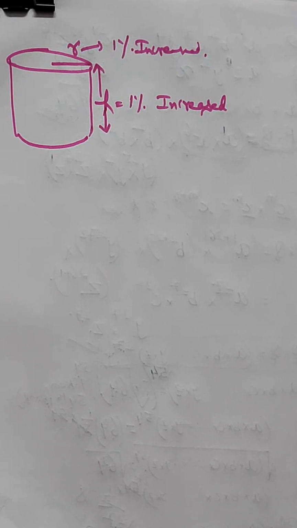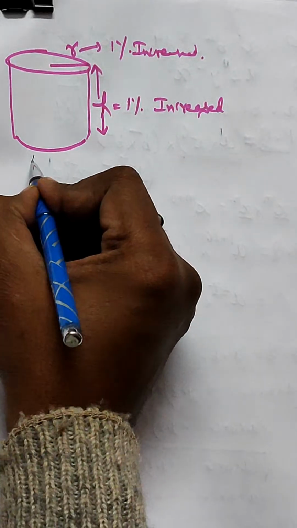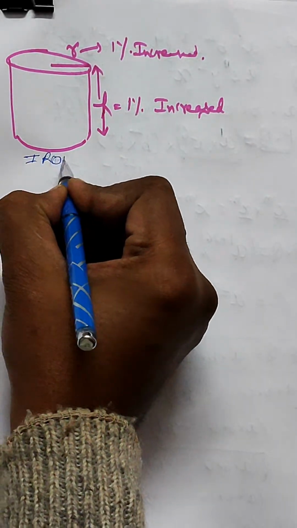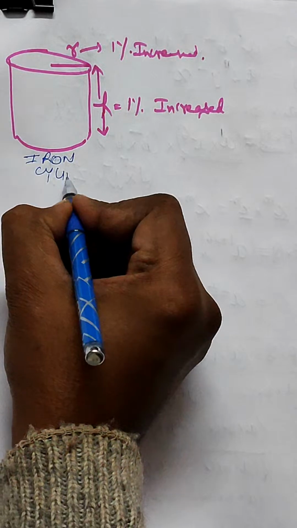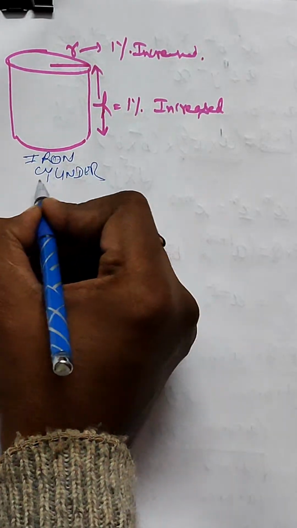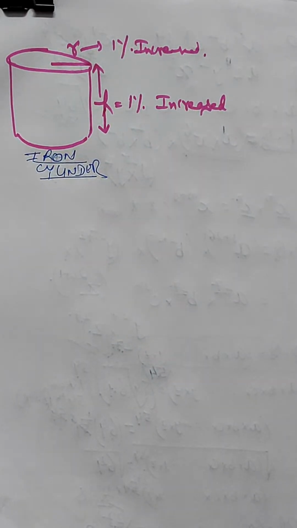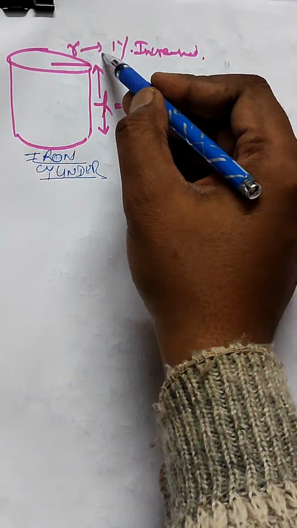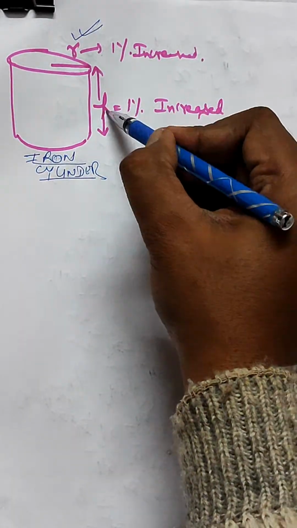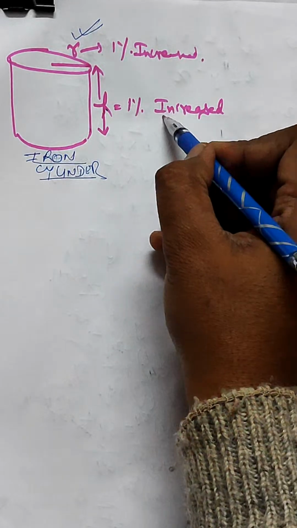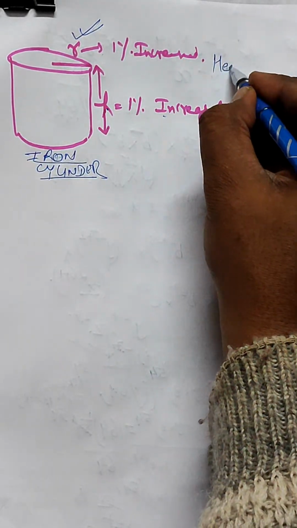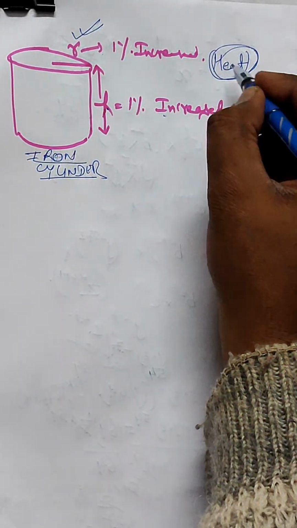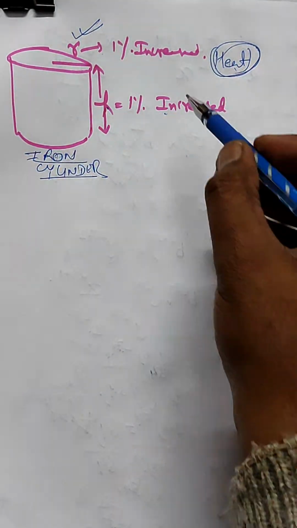I am writing it again. This is an iron cylinder. Due to heating, there is a 1% increment in radius and height. So we are heating it, and after heating, metals expand.